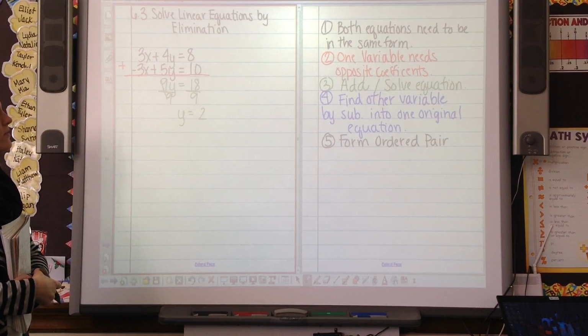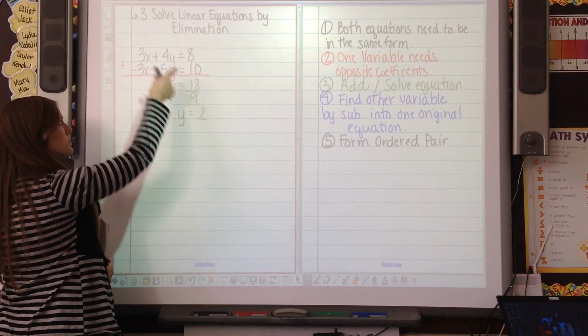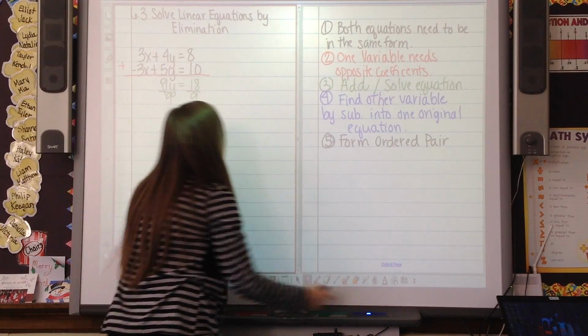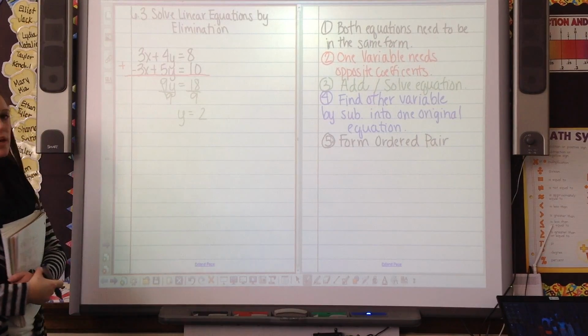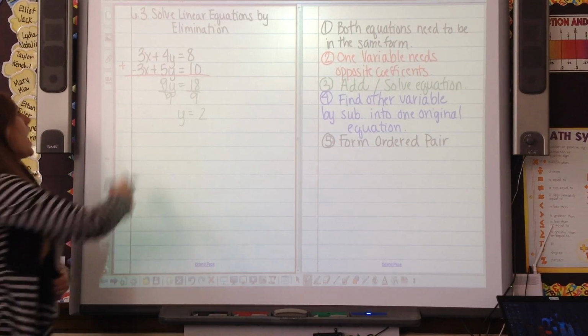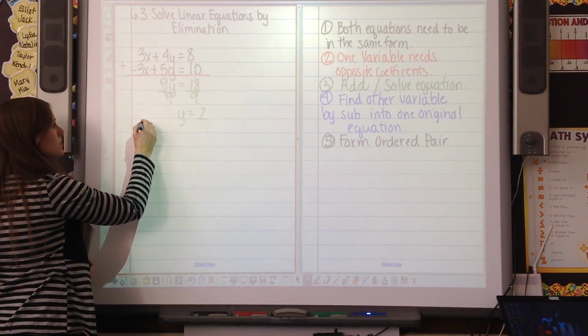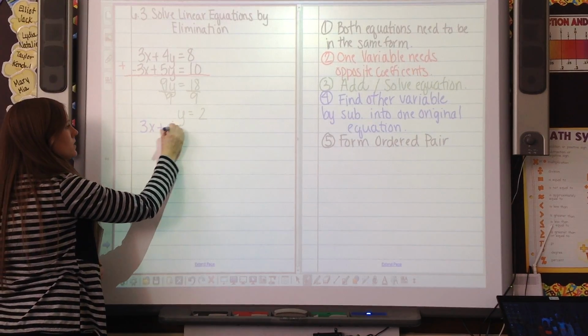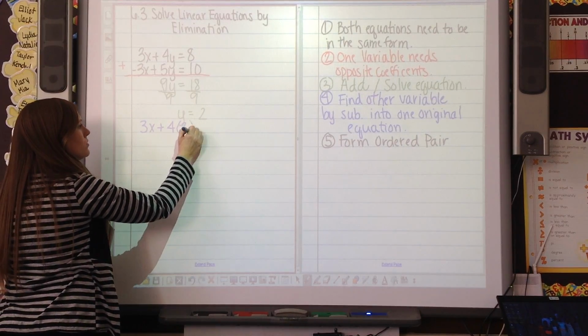Step 4, find the other variable by substituting into one original equation. So we're going to substitute our answer into one of the original equations. It doesn't matter which one you use. Either way is going to get you the correct answer. I'm going to use the one with all positives. Instead of y, I'm going to put 2.